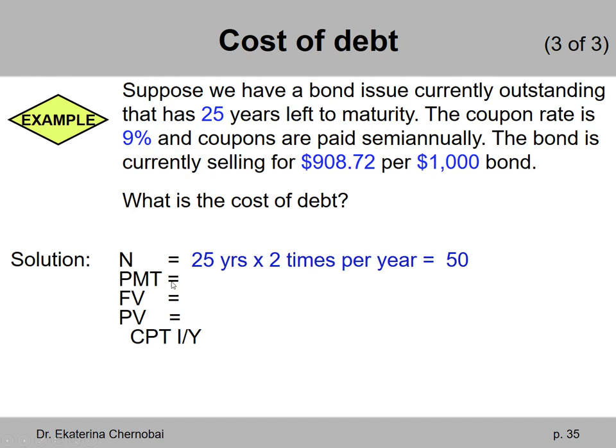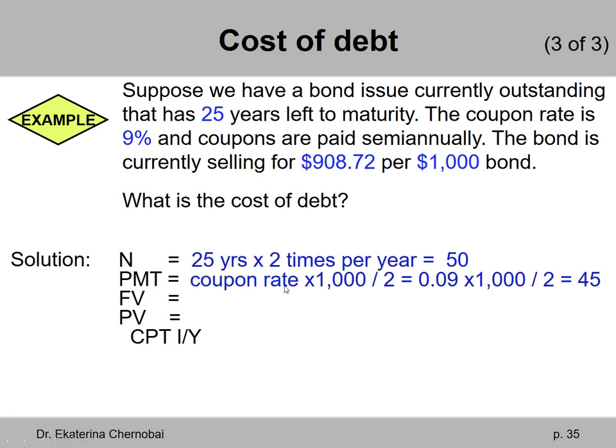PMT, the coupon amount itself. We always calculate the coupon amount the same way. We take the coupon rate, that's 9% in our problem, and multiply by $1,000. That would be the coupon amount per year. However, again, we need to adjust this number for the frequency of the coupons.